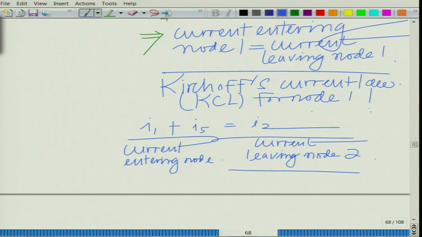These must be equal. This is basically your KCL for node 2.